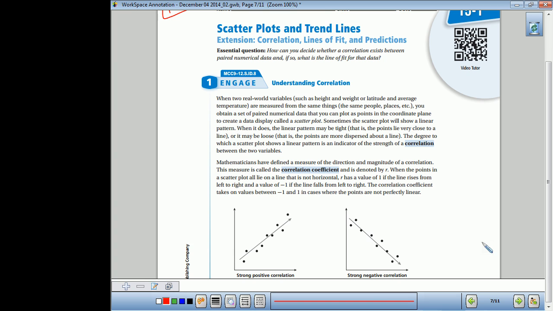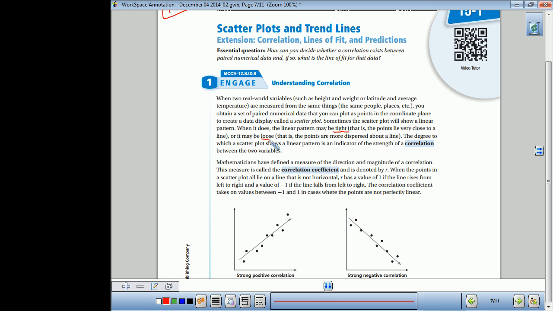And it kind of reiterates the same thing. So when we have two real-world variables measured from the same things, you obtain a set of paired numerical data that you can plot as points in the coordinate plane to create a scatter plot. Sometimes the scatter plot will show a linear pattern. When it does, the linear pattern may be tight. Now when it talks about being tight, that means all the points are kind of close to the line.